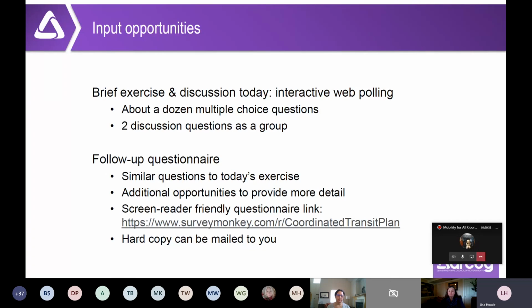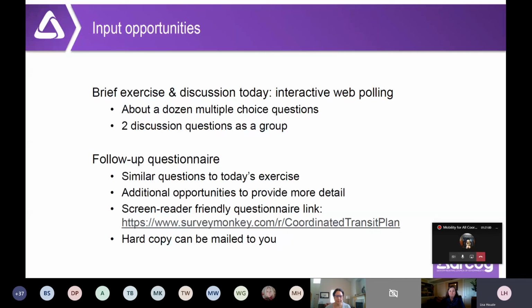So we had to make some adaptations to what we would typically do for engagement. We are focusing on interactive web polling, with about a dozen multiple choice questions. As Angel mentioned, it might be most helpful if you can use a smartphone for this. We'll also have an opportunity for 2 more open-ended discussion questions if you want to speak up, and we can discuss that way.